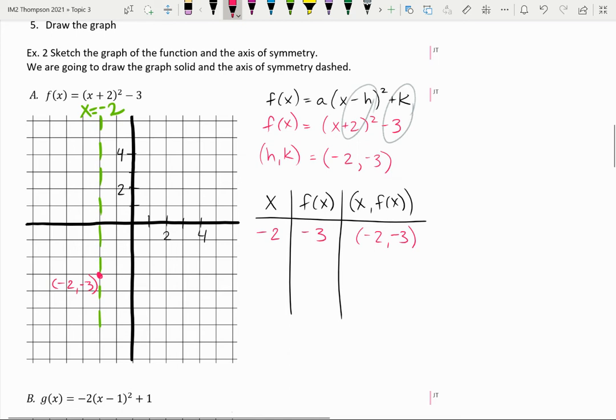The closer you can keep them to the axis of symmetry, the better. So I'm going to go 1 to the right and 2 to the right, plugging in -1 and 0.